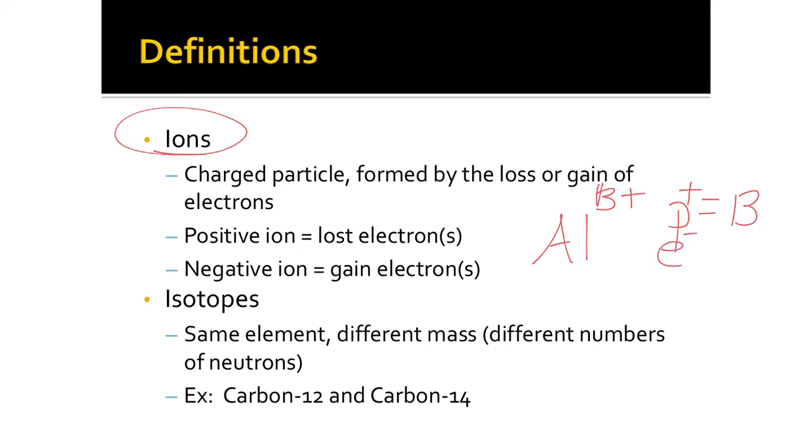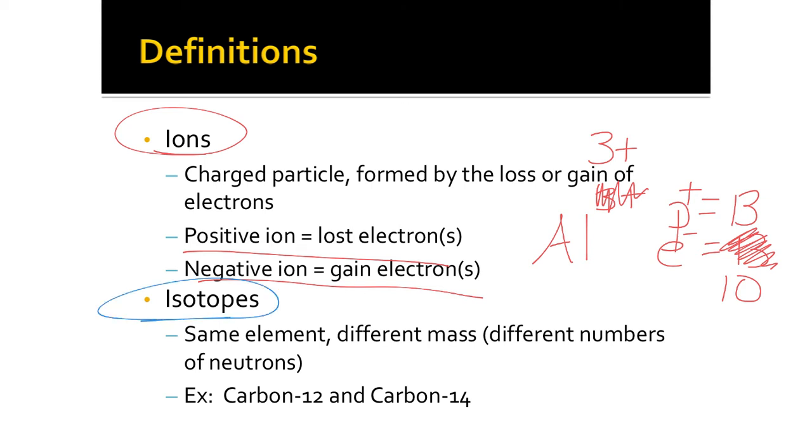So if this charge wasn't here, it would have 13 electrons because it has an equal number of positives and negatives. But with the +3 charge there, that means we have lost 3 electrons, so now it has 10 electrons. So positive ion, you lose electrons. Negative ion, you gain electrons.